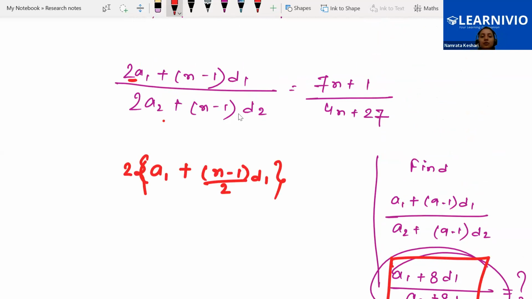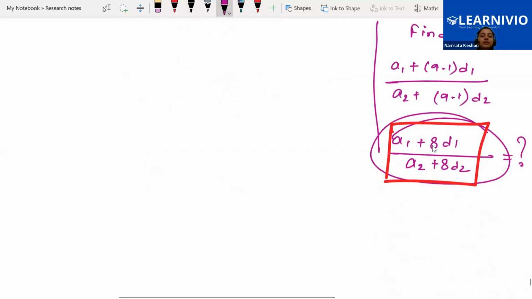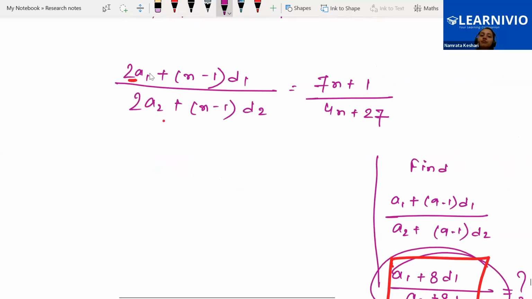No, could you please explain it again? Yeah. We want to take 2 common from this step, from the upper step with A1. We want just A1, this type of structure: A1 plus 8 D1. 8 is not possible for now, but we can focus on A1 and D1. To keep just A1 over here, we have to take 2 common, which is not directly possible, but we will make it possible.